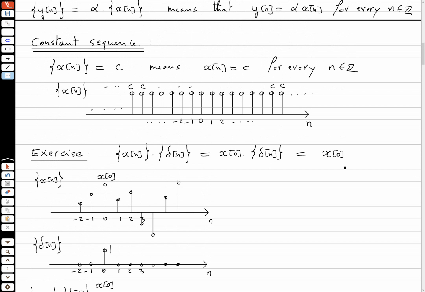That's not true. X of 0 is a number. X of 0 points to the value of a number. X of 0 is 2.1. So if x of 0 is 2.1, then you write this is 2.1. And when you write this, you say, oh yeah, it's wrong. Okay?